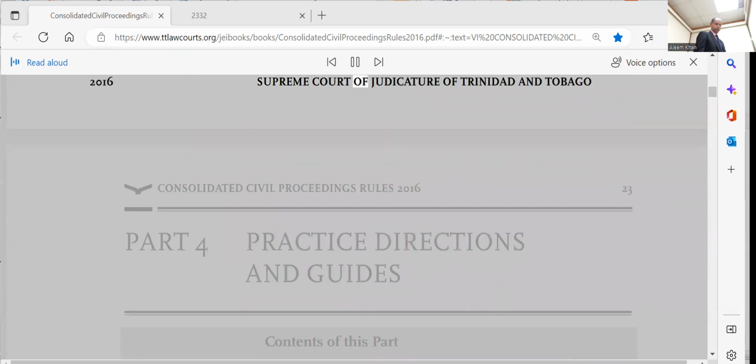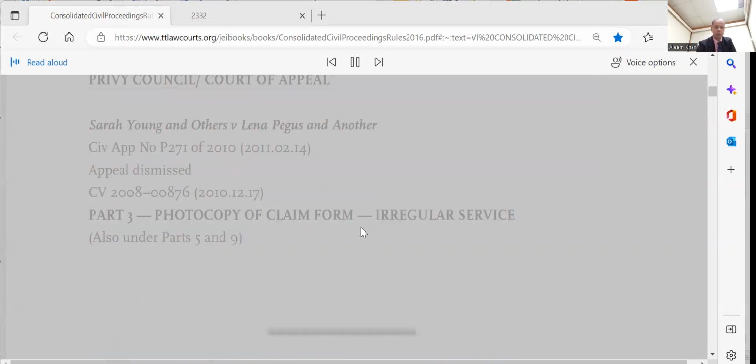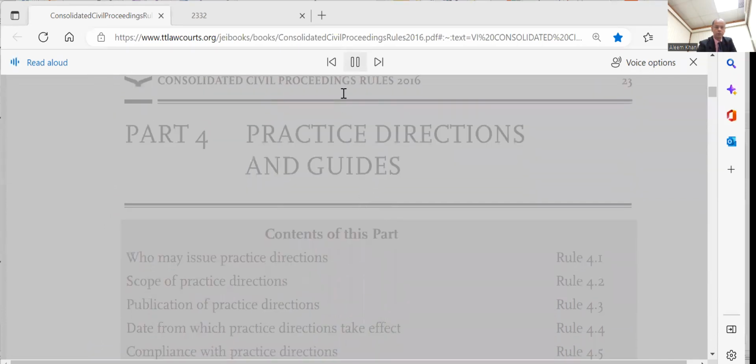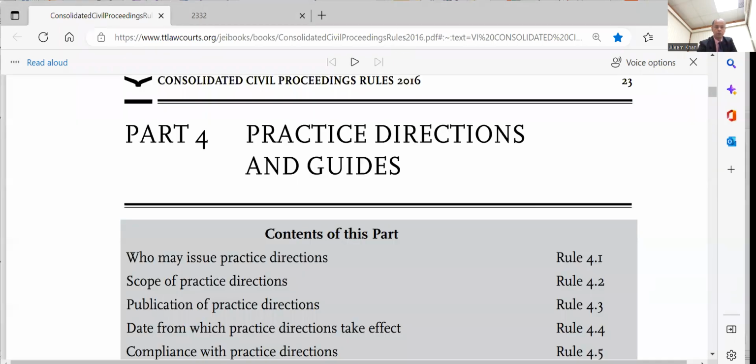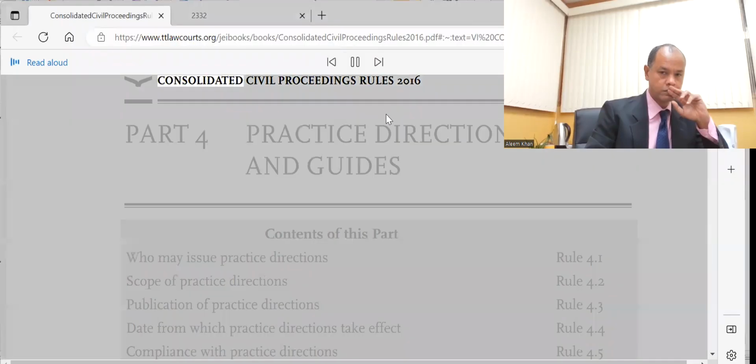2016 Supreme Court of Judicature of Trinidad and Tobago. 22 Consolidated Civil Proceedings Rules 2016. Cases. Consolidated Civil Proceedings Rules 2016-23.